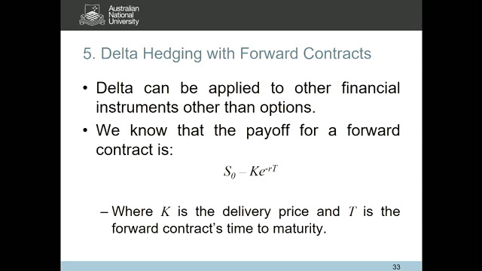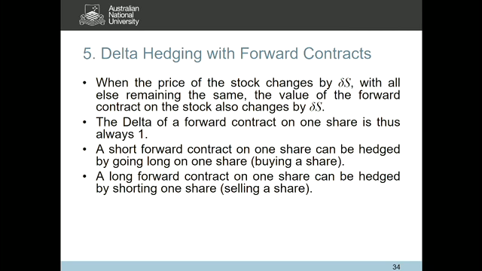So we think about it at expiry. As the asset price changes by $1, what happens to the payoff from your contract, or to the forward price? Basically it changes by the same amount as you get closer to expiry.